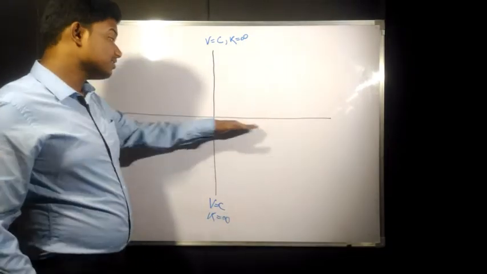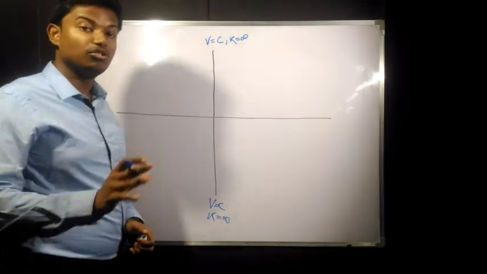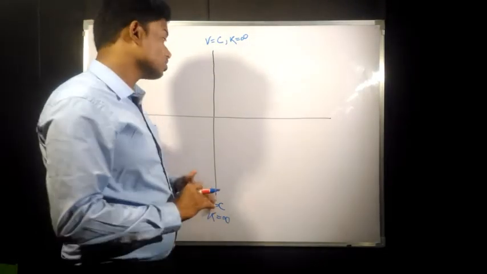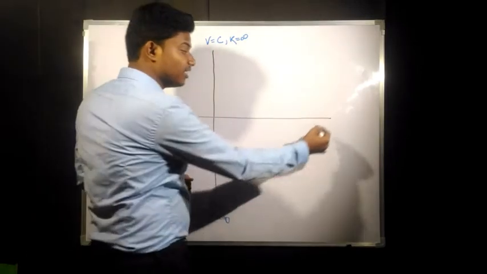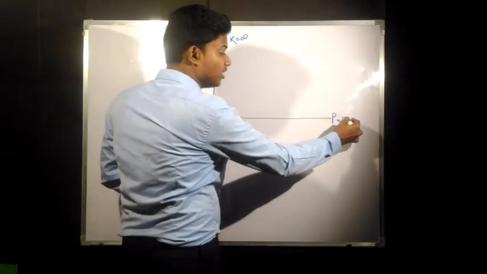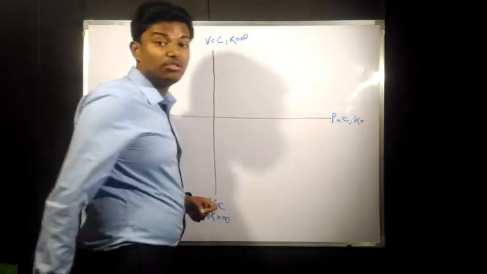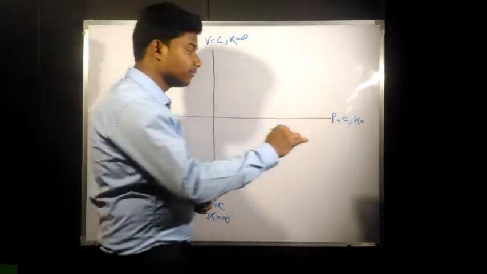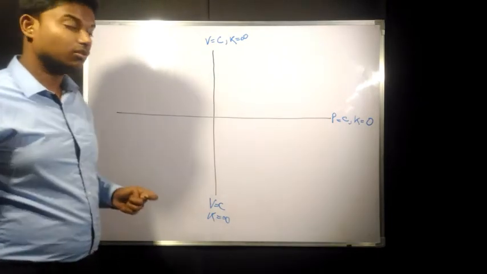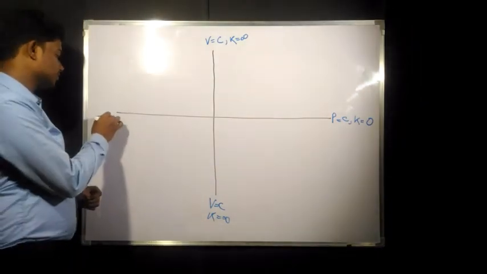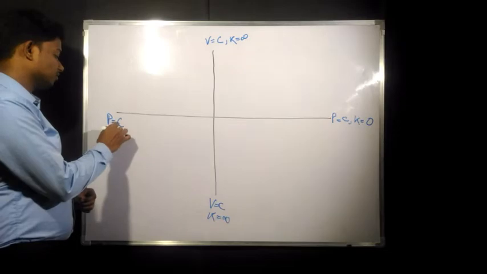And we all know that this line is going to represent the isobaric process. Isobaric process means constant pressure process in PV diagram. So we can write here that pressure is equal to constant. And for constant pressure, what was the value of K? The value of K was 0. Similarly, we can write it here, pressure is equal to constant, K is equal to 0.